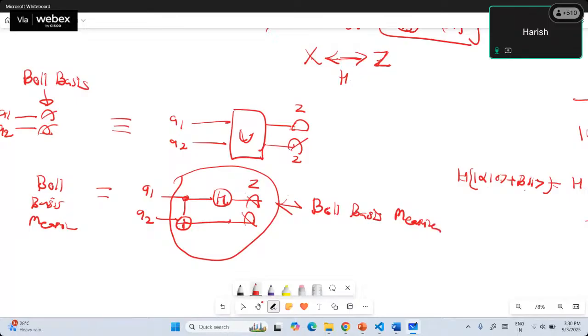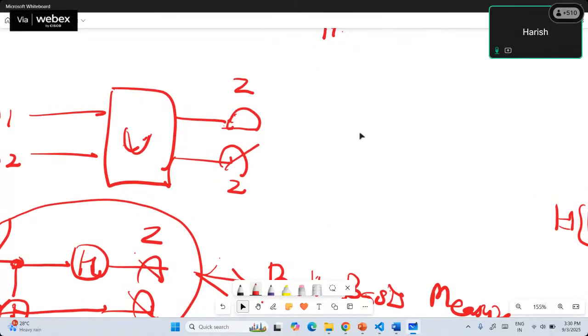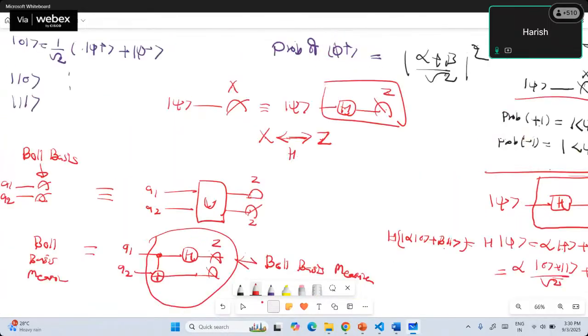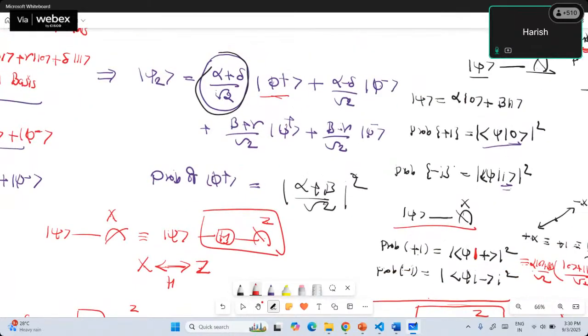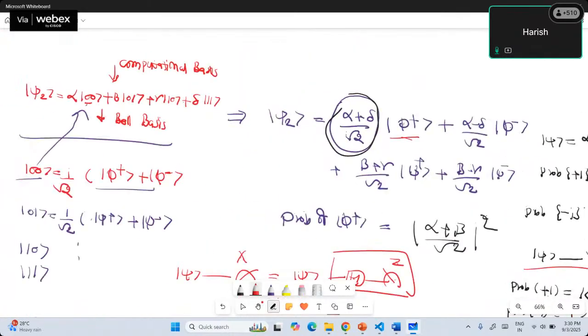Just keep this in mind: we can rewrite any 2 qubit system from computational to Bell basis, so this is bidirectional. Any generalized 2 qubit system in computational basis can be written into Bell basis, and vice versa.